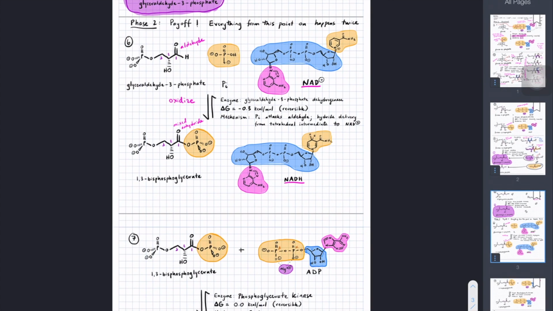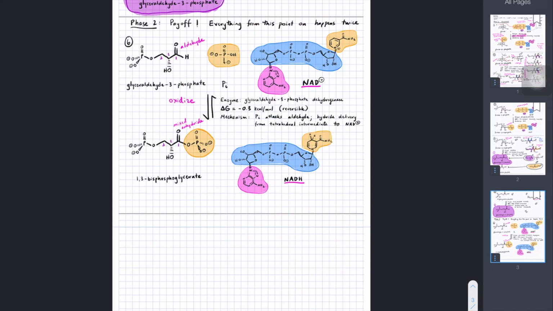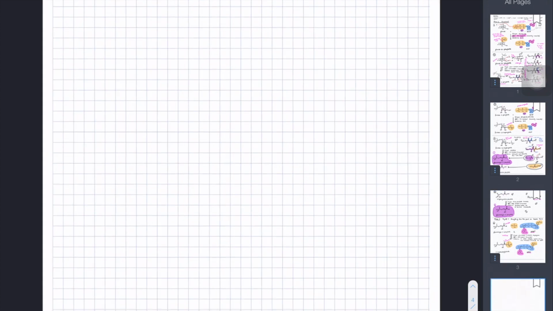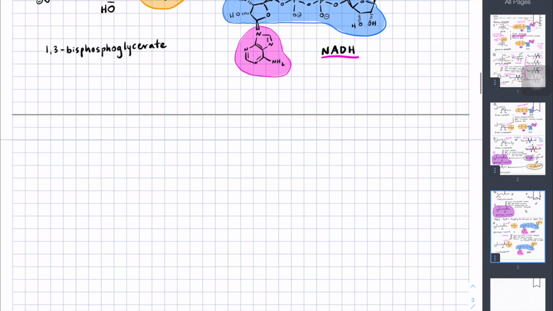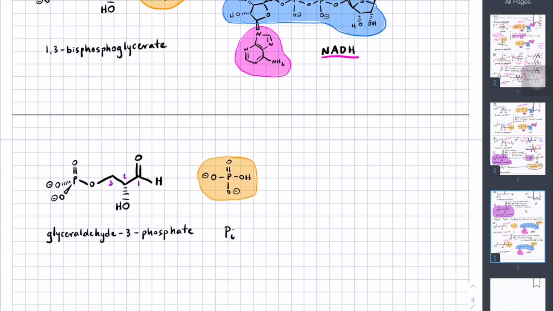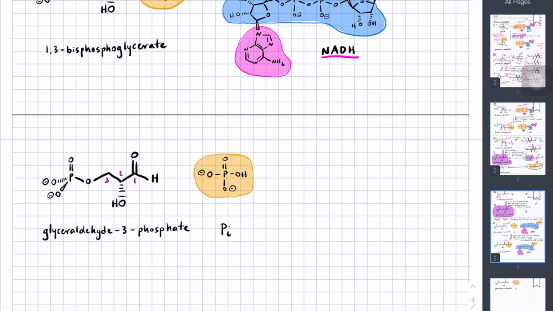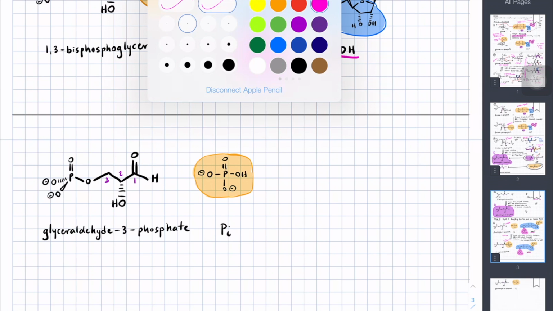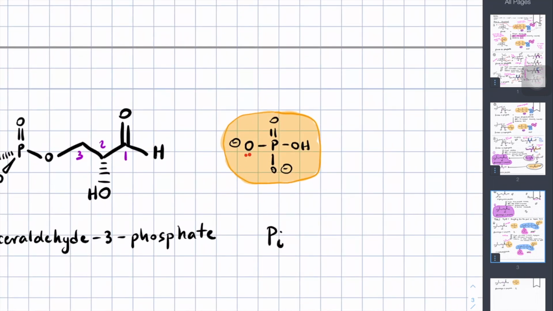The mechanism, we're going to need to probably insert a page at this point. All right. In the mechanism, we're going to take glyceraldehyde 3-phosphate and the HPO3 2-, and we're going to do addition to a carbonyl type chemistry.